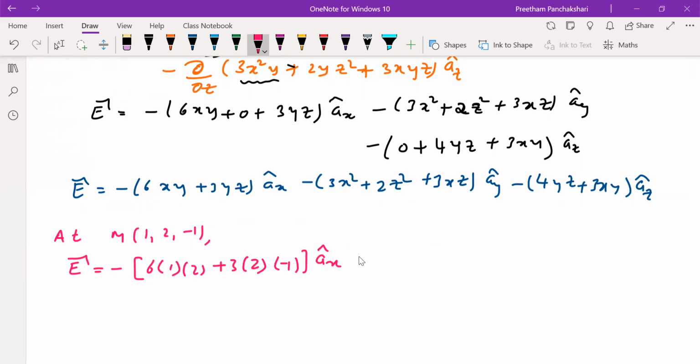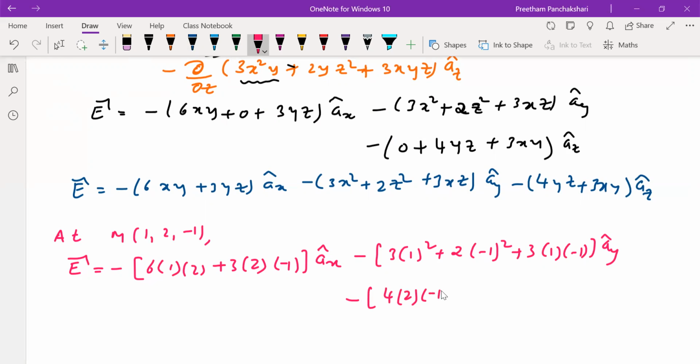This is the x component. Minus, similarly 3, x value 1, plus 2 of z value minus 1, plus 3 into x is 1, z is minus 1, ay cap. In the last term, y is 2, z is minus 1, plus 3, x is 1 and y is 2, az cap.